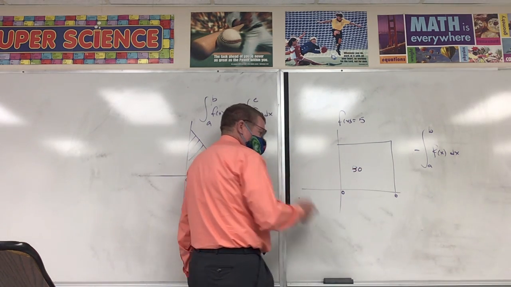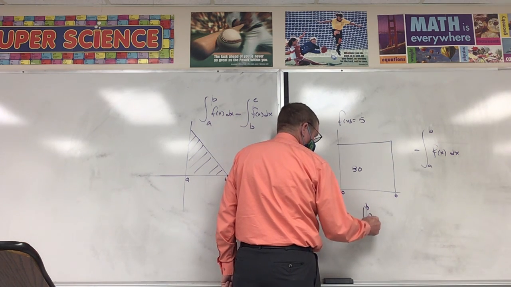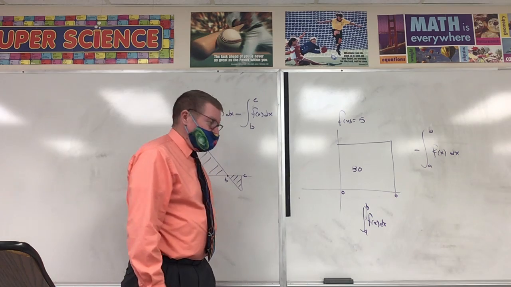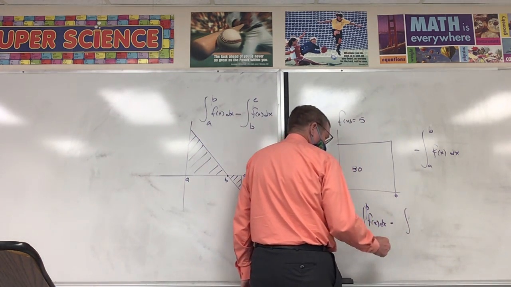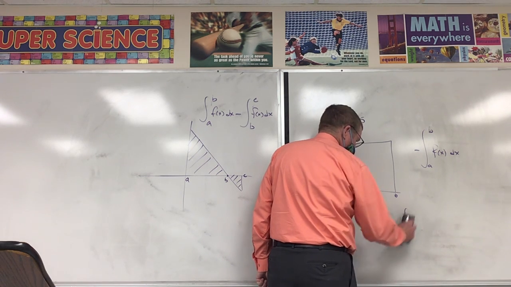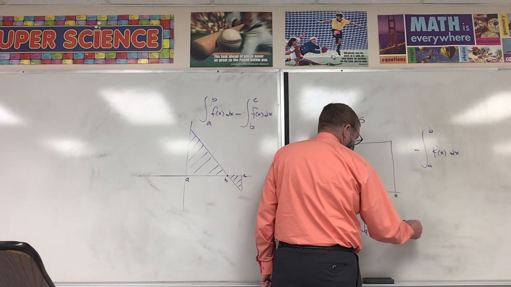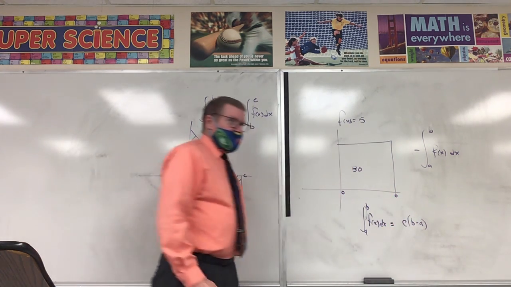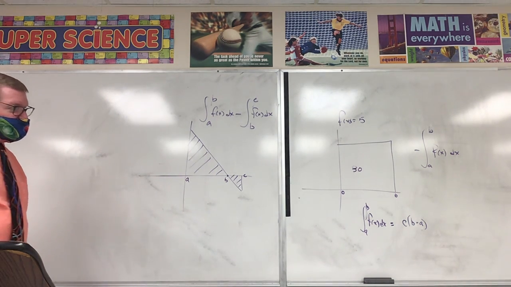Well, by this theorem, the integral from a to b of f of x dx, when f of x is a constant, is going to be equal to c times (b minus a), because f of x equals c.